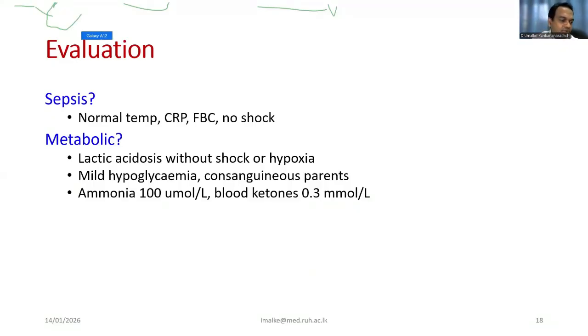And metabolic-wise, lactic acidosis without shock or hypoxia, mild hypoglycemia, and consanguineous parents are in favor of a metabolic cause, right? Ammonia was slightly high, which is normal for this age.